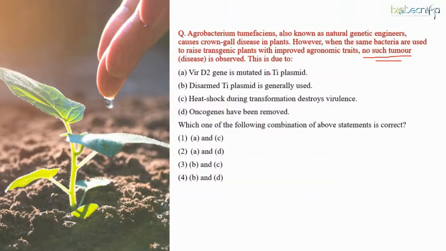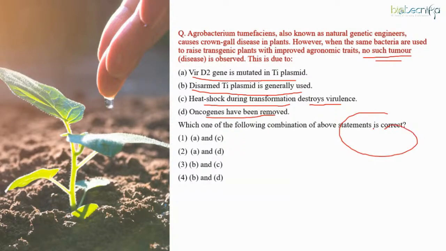Why? A: This is due to the fact that the VIR-D2 gene is mutated in Ti plasmid. B: Disarmed Ti plasmid is generally used. C: Heat shock during transformation destroys the virulence. D: Oncogenes have been removed.